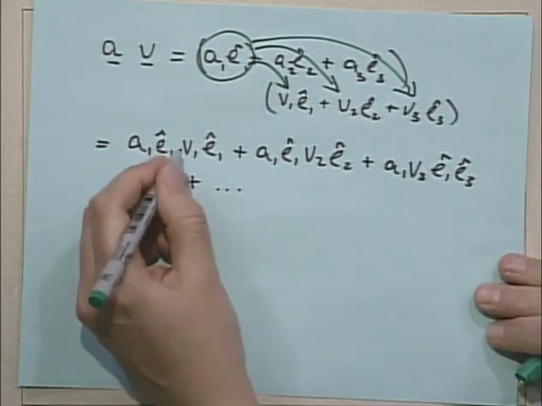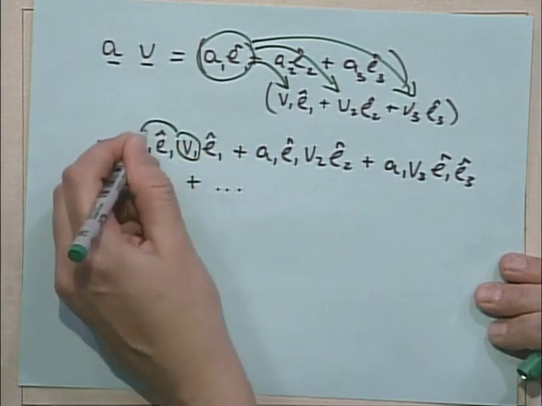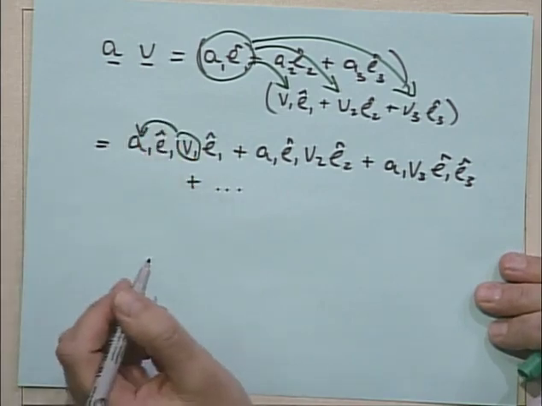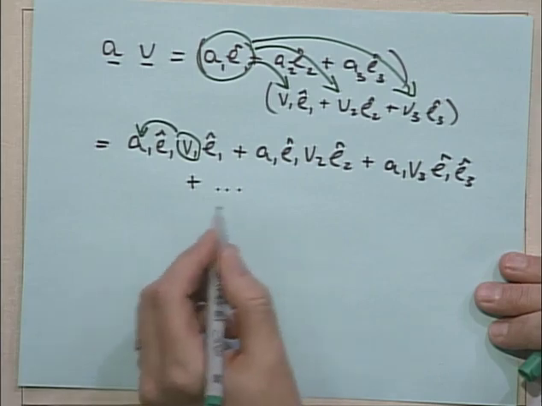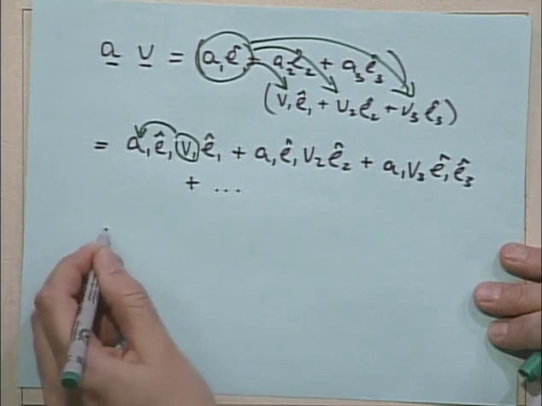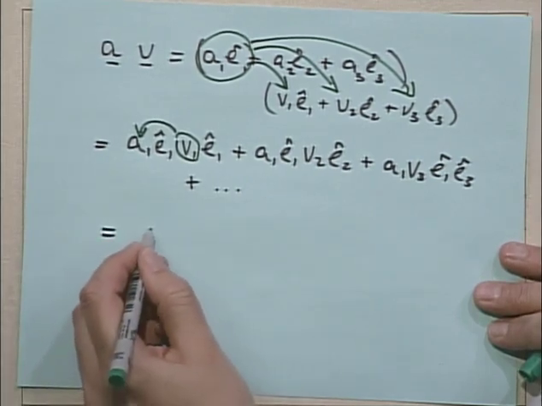The commutative law of these scalar coefficients allows us to pull those out. And so that allows us to simplify. And what we end up having are 9 terms.